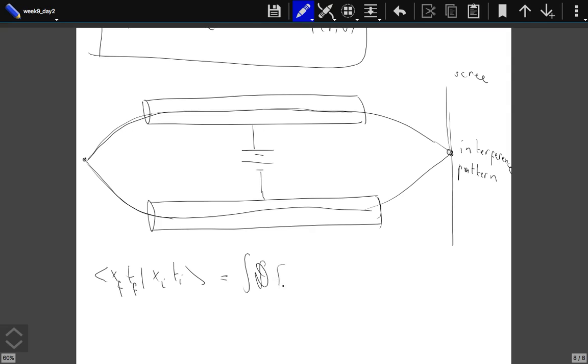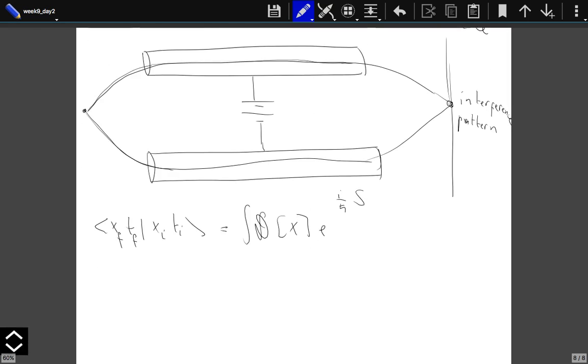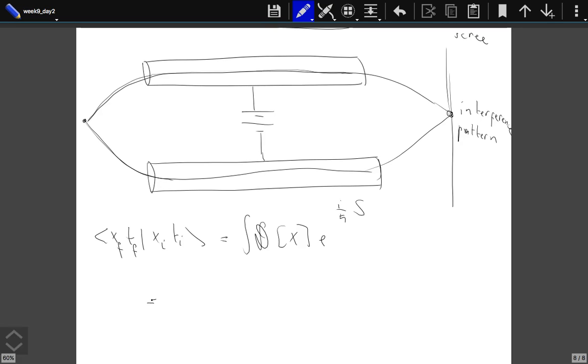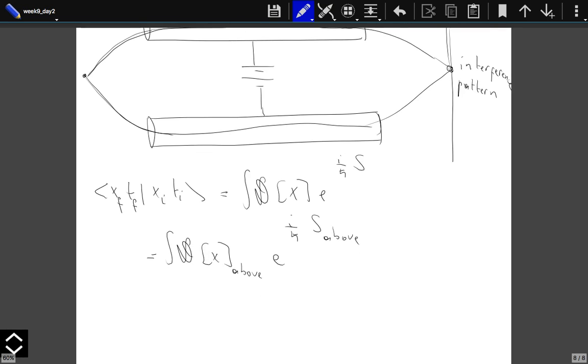This will be a sum over paths of e to the power i over h bar S. Now, I can divide my paths into two different classes of paths: the paths that go through the above cylinder, e to the power i over h bar S above, plus the paths that go below through the below cylinder.